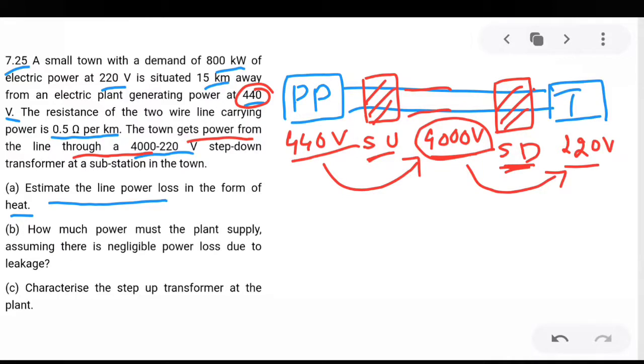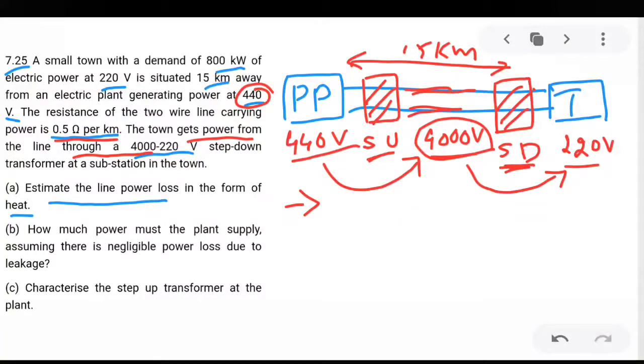Now it is also given that this distance is 15 kilometer, and the transmission line has a resistance of 0.5 ohm per kilometer. Now remember we have two lines here, so the total length of the wire is 30 kilometer.